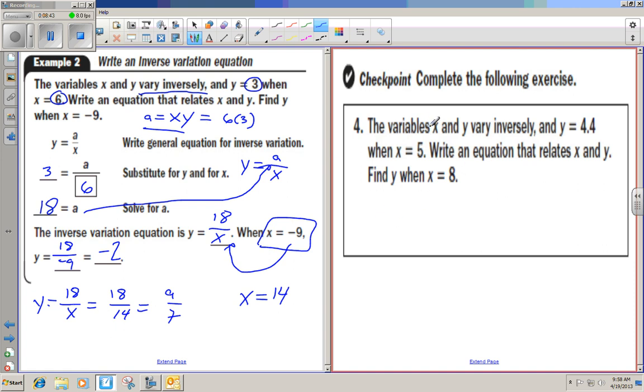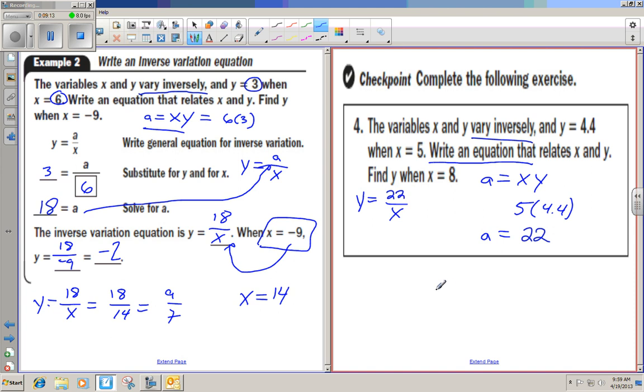could do it. Varies inversely, so we're looking at the constant of variation is equal to x times y. It tells us that x is 5, y is 4.4, so our constant of variation is 22. So my equation, write an equation, y equals 22 over x.